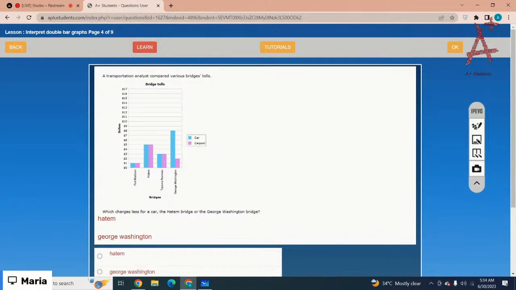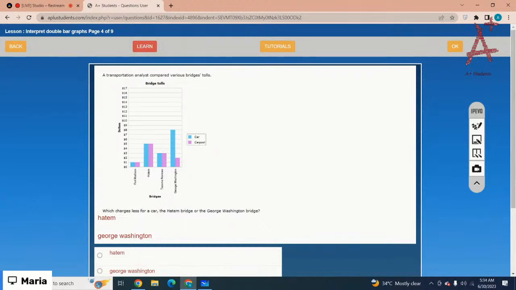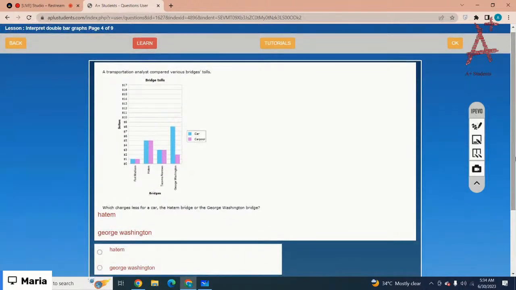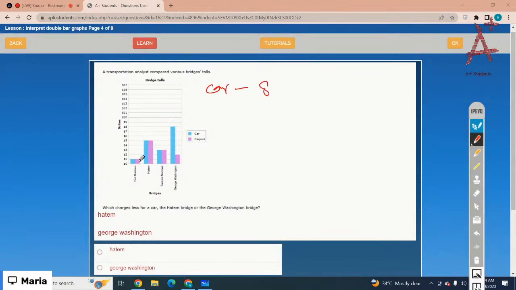George Washington is 8, and Hatem is just 5. So that means Hatem charges less for a car. The correct option is Hatem.